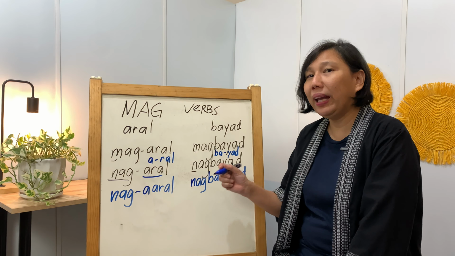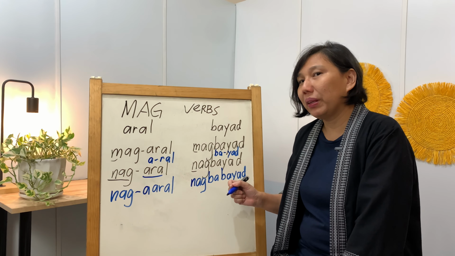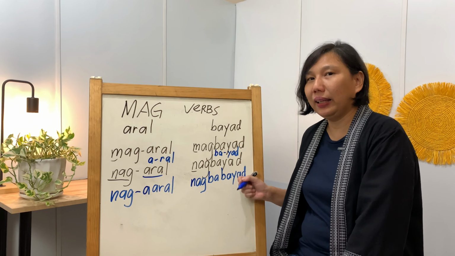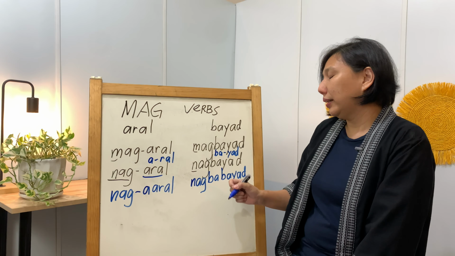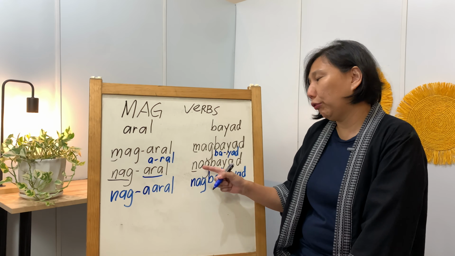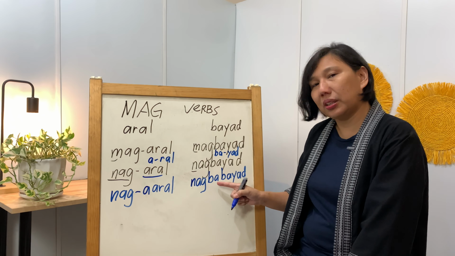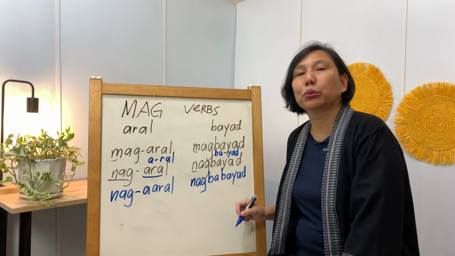So, pays or paying in English is nagbabayad in Filipino. I simply changed the M to N, so the prefix mag became nag. I used the first syllable of the root, and then I added the entire root.